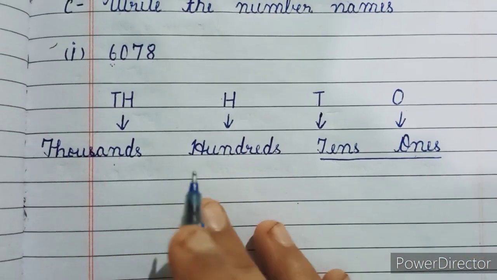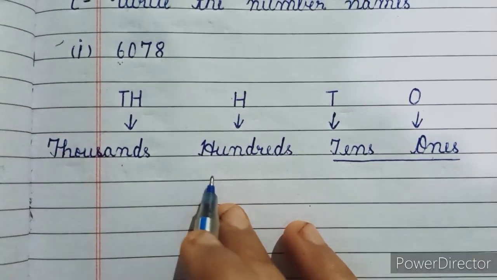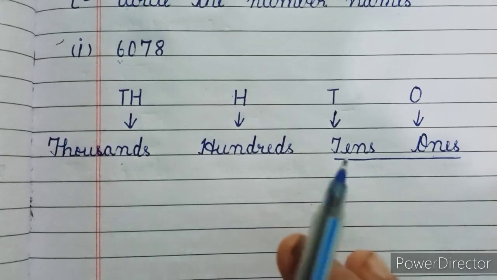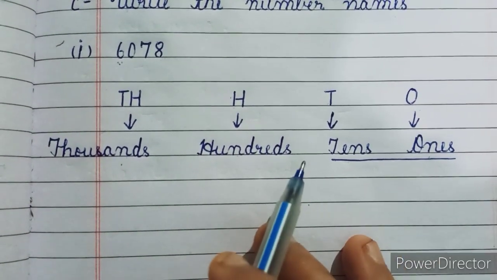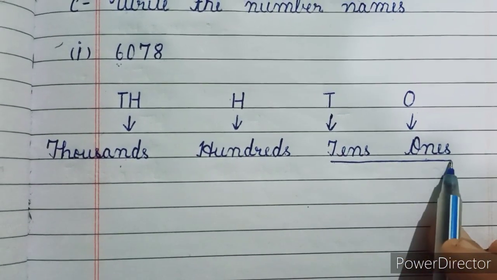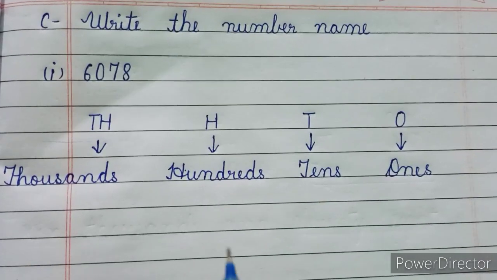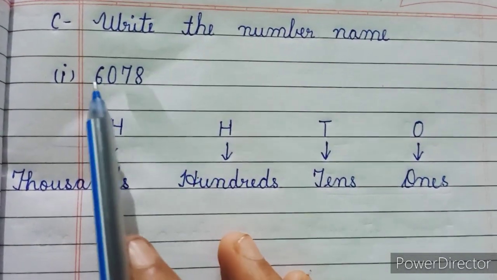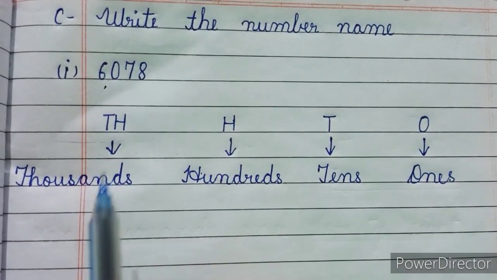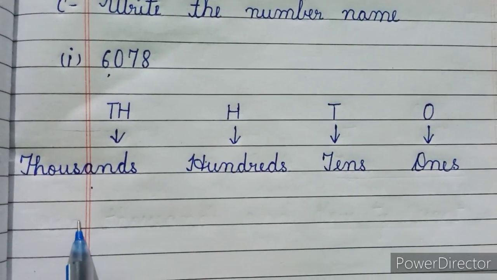Whether it is a 4-digit number, a 3-digit number or a 5-digit number, when we write it in words, we always write tens and ones together. Right? Okay. Children, tell me, in which place is 6,000? Okay, so we will write here 6,000.